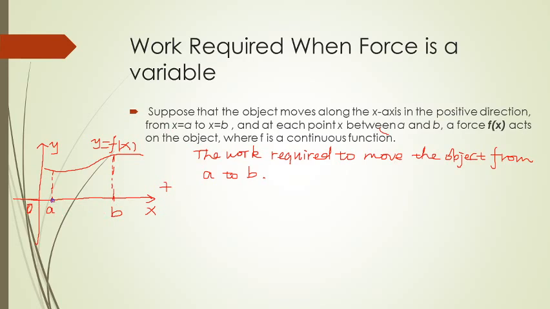For example, at this point A and a little distance here, the force changes. And some distance here, the force changes. So if we call the force the function f(x), that means the force will change as x varies from A to B, right? So you can take this one as the Riemann sum we did before.